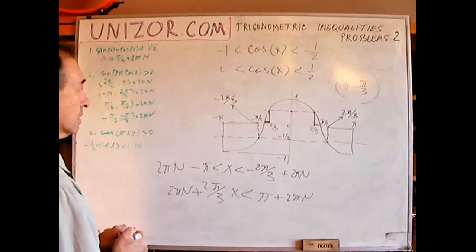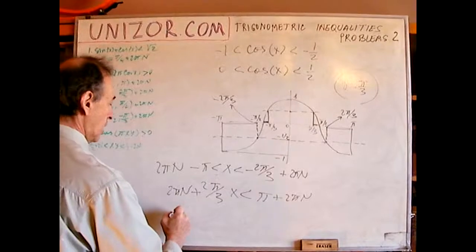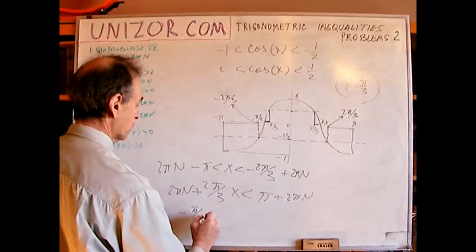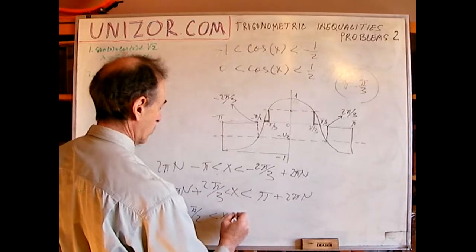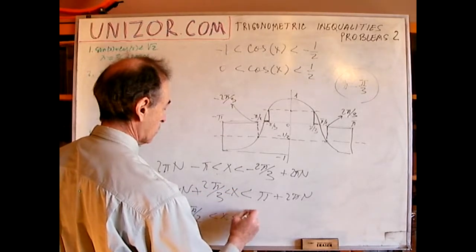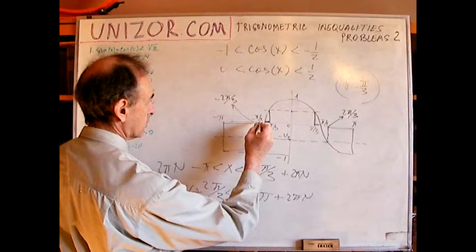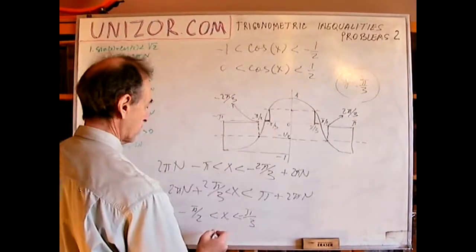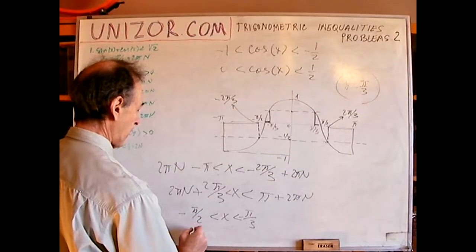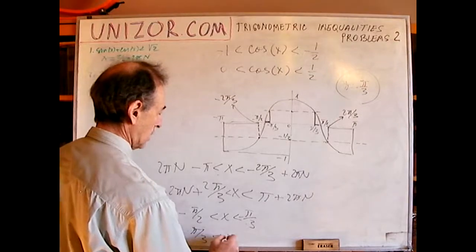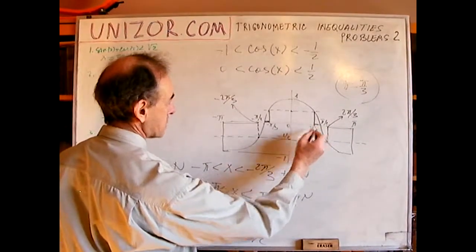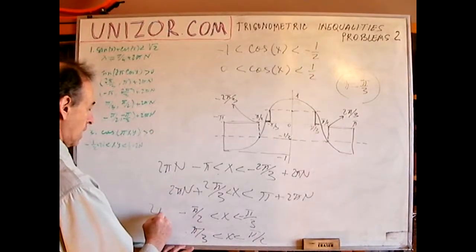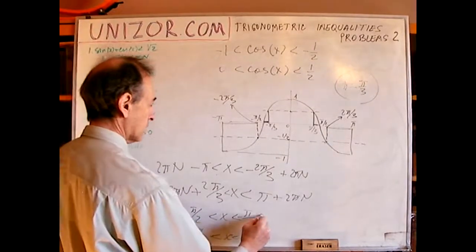So in this particular case, we have from minus pi over 2 to minus pi over 3, and from pi over 3 to pi over 2. That's this piece. And again, I should use 2 pi n in both cases.